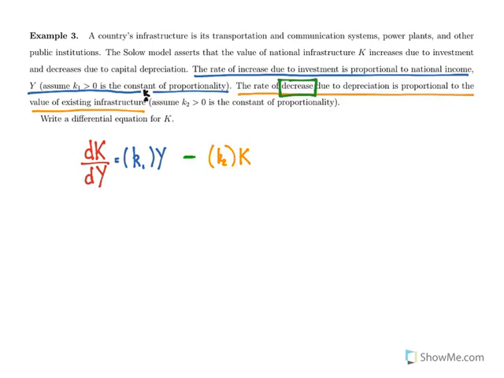As we're saying, K2 is positive. We'll make a little note at the bottom that if K2 were negative, then we would have K1Y plus K2K, but that K2 would be negative, so we can think about it as subtracting a positive as well.